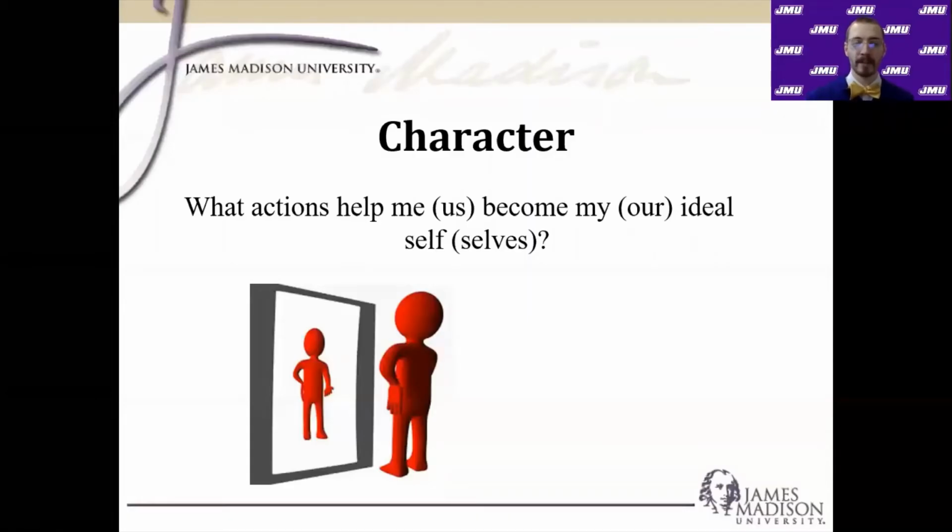Under the question of character, we ask, what are the ideals we hold ourselves to? How might my actions reflect my ideals? Can I live with myself after this decision? How will others perceive me when I make this decision? How can I act with integrity? These questions can be personal, but they can also be applied to organizations.